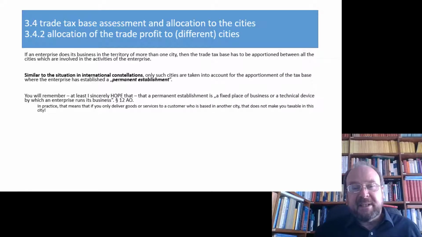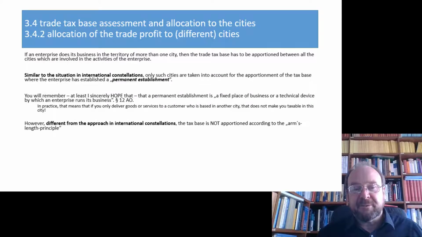In practice, that naturally implies that if you only have some customers in the city, but no rooms, no factory halls, nothing like this, then you don't pay taxes there. So if you just deliver goods per mail or per truck to a customer in the city, that doesn't bring along trade tax there. Comparable to the situation in Article 7 OECD Model Convention between two states.